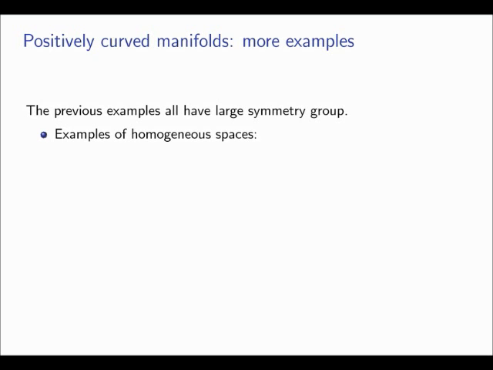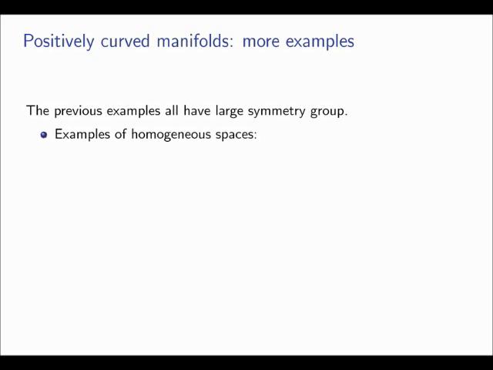So we look at more examples. So we have the cross. These examples appear in all dimensions, like the sphere or the complex projective space. And we can look at the manifold with large symmetry group. So, for example, look at the homogeneous space.